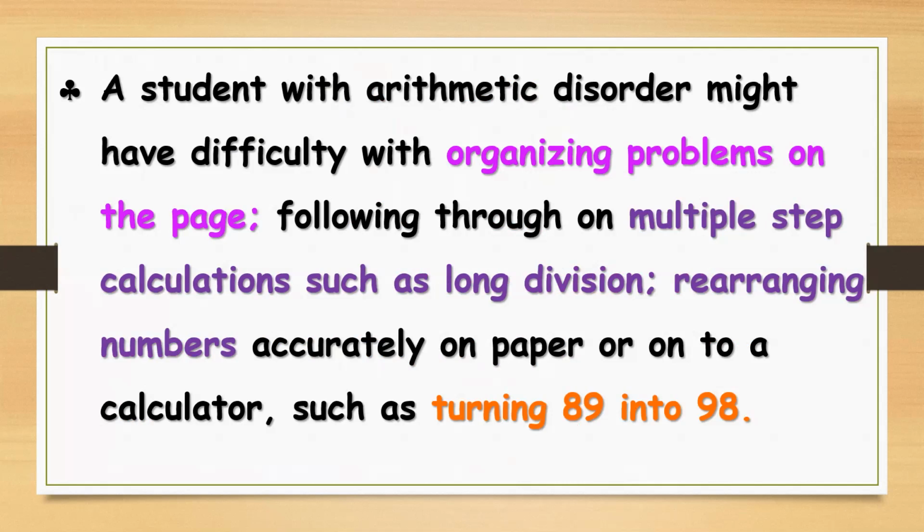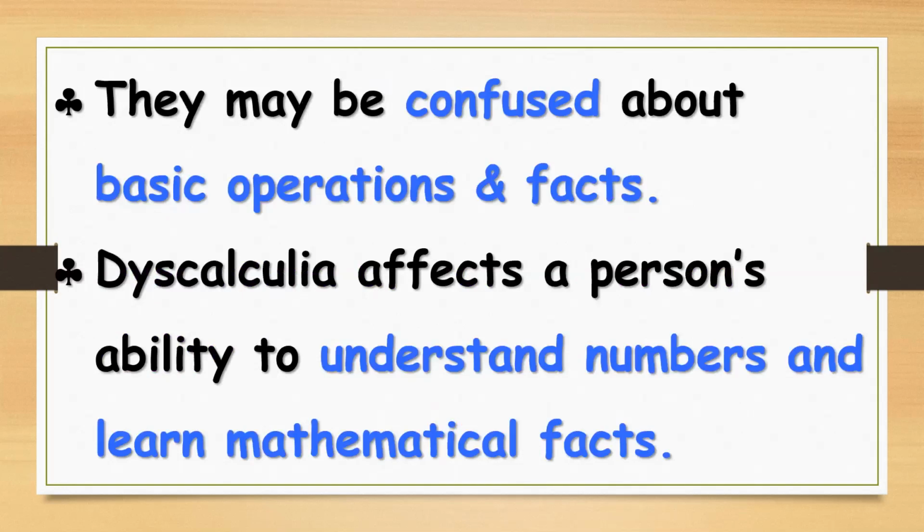The child may write 89 as 98, 21 as 12, and vice versa. The child may be confused about basic operations, facts and symbols, etc.